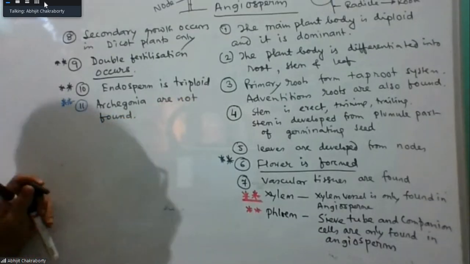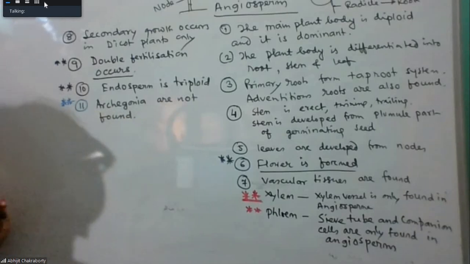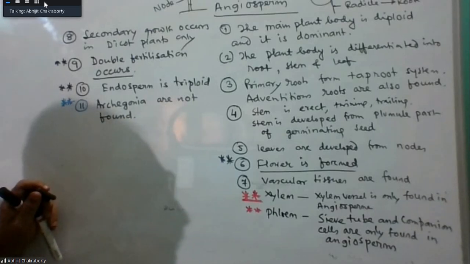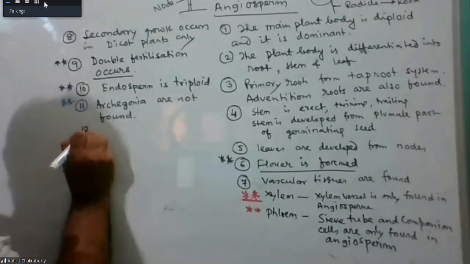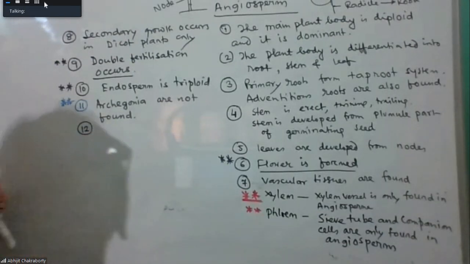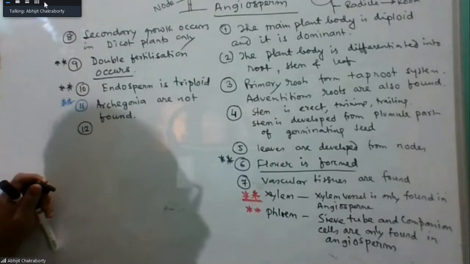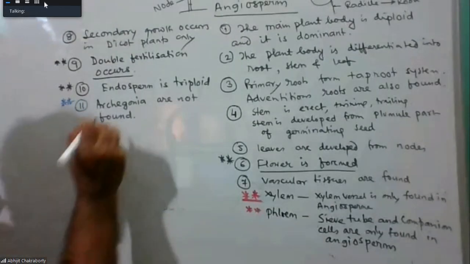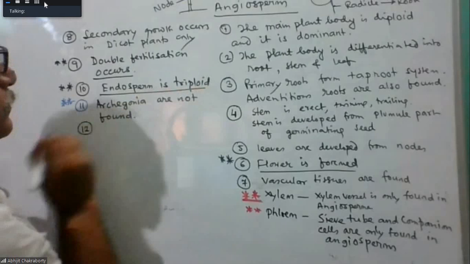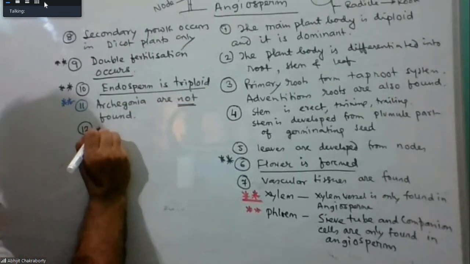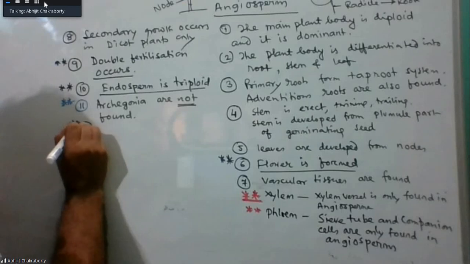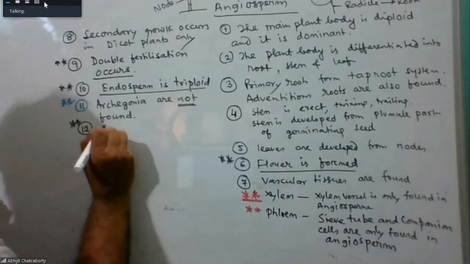Archegonia are not found. Most important thing: for the first time, fruit is developed.